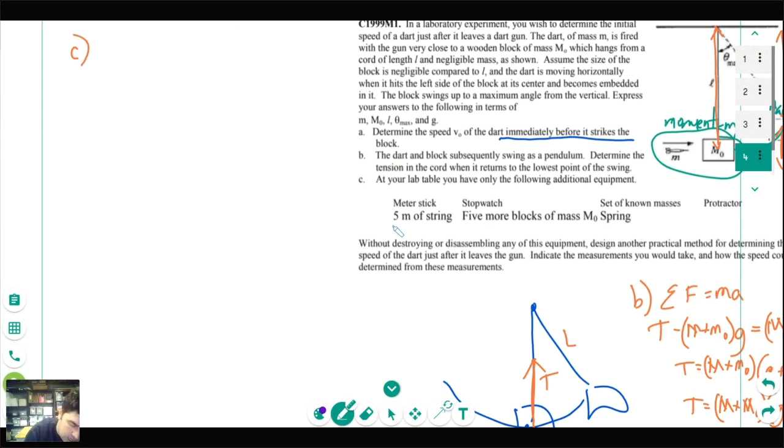We could take and find the K of the spring by hanging it vertically, putting some mass on it, measuring the change in X for each of the known masses.